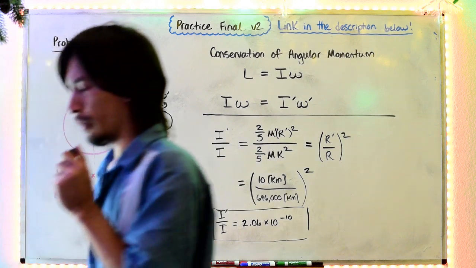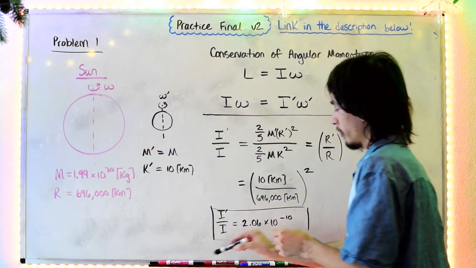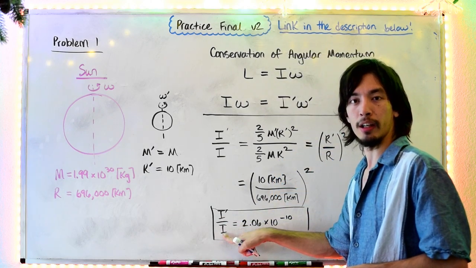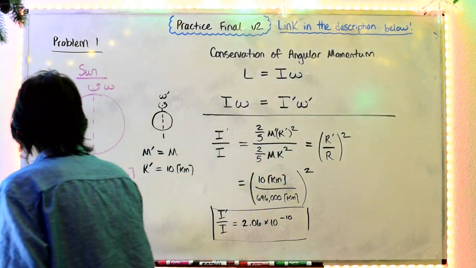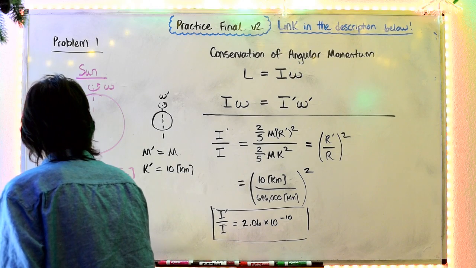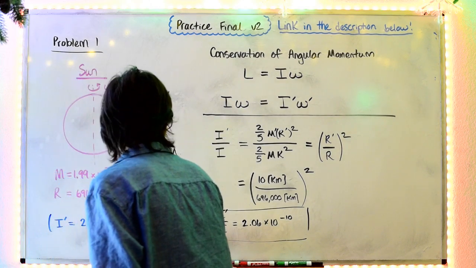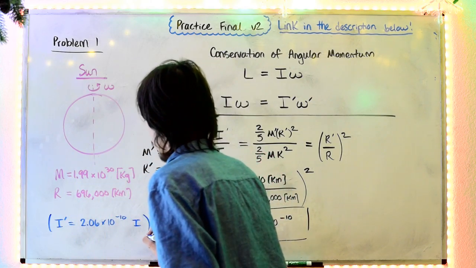So what the answer really means is, okay, let me actually rewrite this. If you just move the moment of inertia from the bottom over to the other side, this also reads I prime equals 2.06 times 10 to the minus 10th times the original moment of inertia.